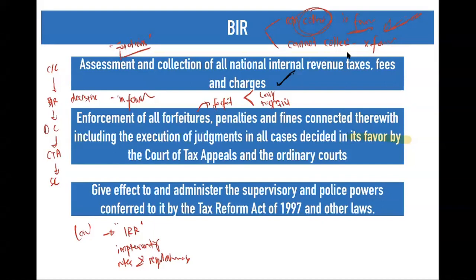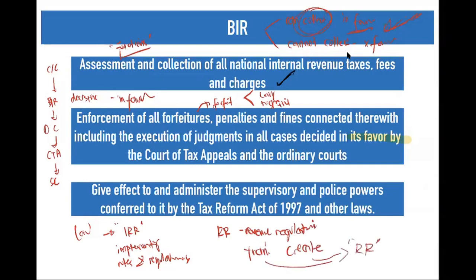Now, the IRR, in this case for the BIR, we call revenue regulations, or RR. So for example, we have the TRAIN law and the CREATE law. We have revenue regulations, which are provided by the BIR to give effect to whatever the law confers to the BIR or whatever is the text of the law.